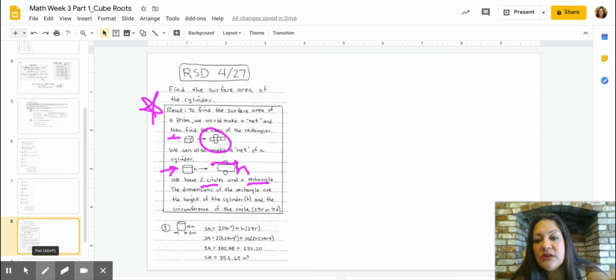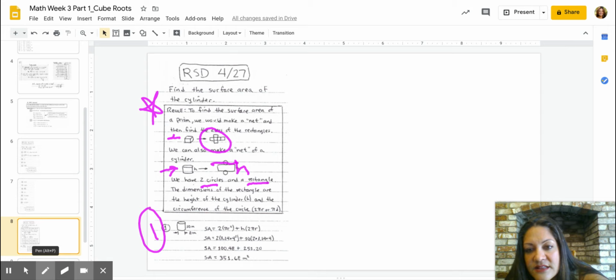Okay, so here are our number 1 formulas. SA stands for surface area. The surface area is going to be 2 times pi r squared. There's a 2 because there are 2 circles, one on top and one on the bottom.